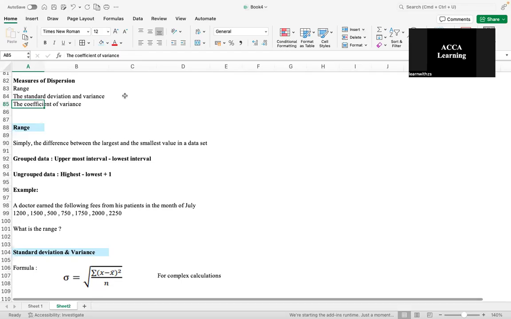Okay, so let's first get into the concept known as range. What is range, right? It is simply the difference between the largest and the smallest value in a data set. Basically, it is based on the idea that the spread of a data set can be represented how?